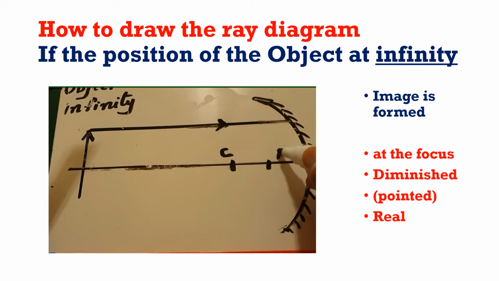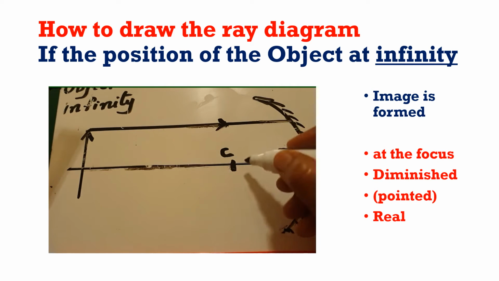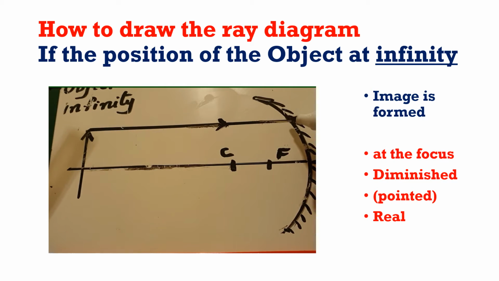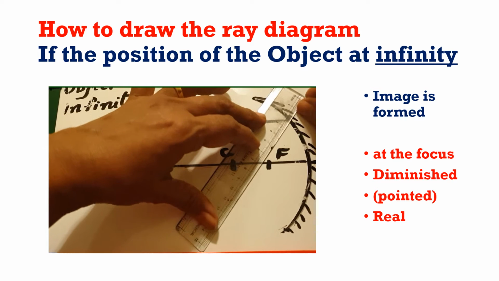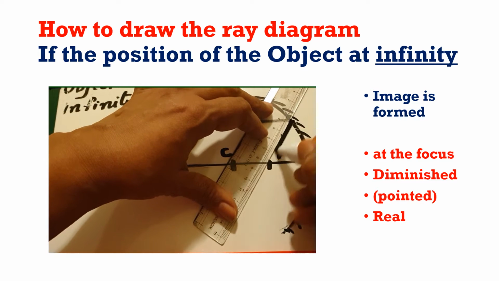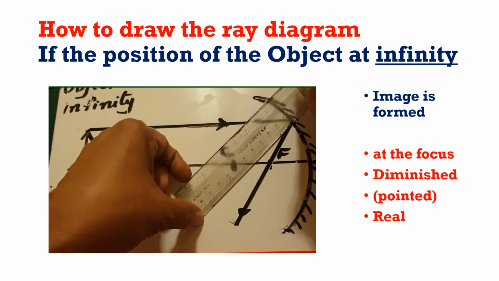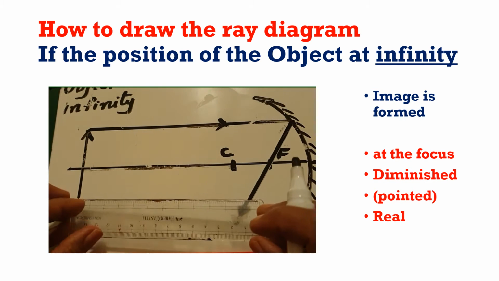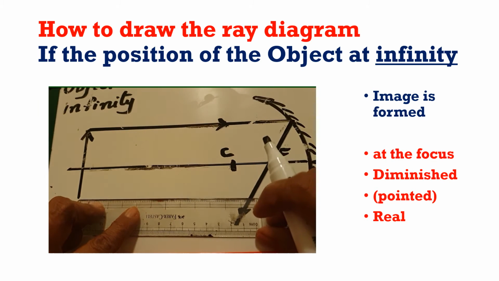So first, after reaching the mirror, what will happen if rays fall parallel to the principal axis? If a ray is falling on the mirror, after reflection, it will pass through the focus. So I can draw it like this, through the focus. Now one more ray I am taking. The second ray starting from the bottom of the object.